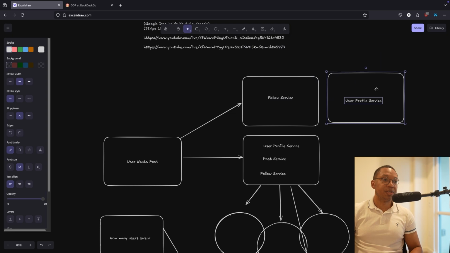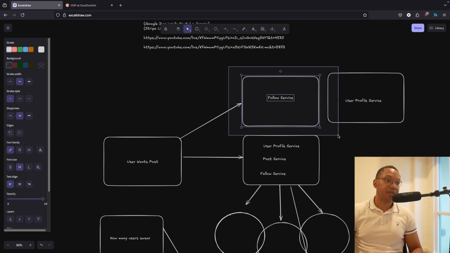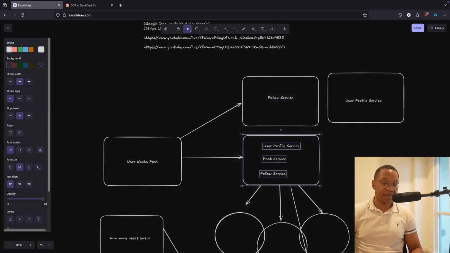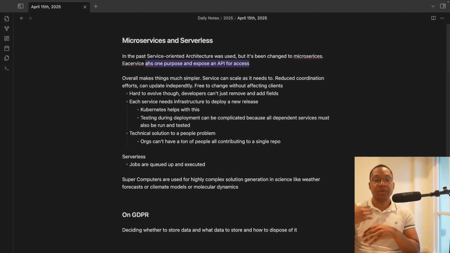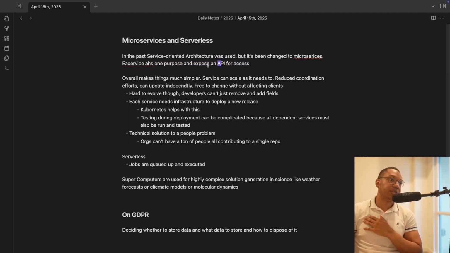This helps distribute the load, because maybe there's a ton of follows but not that many posts, so we can make sure this one is scaled out as opposed to scaling the whole thing out. Also, for teams working together, you just expose the API for access, and teams can work together a lot. So it makes it easier to scale.